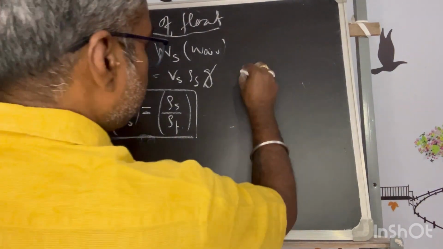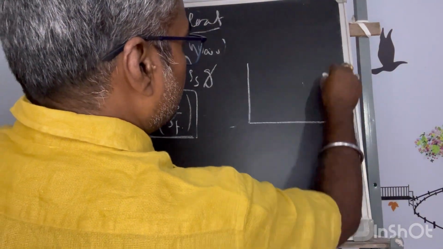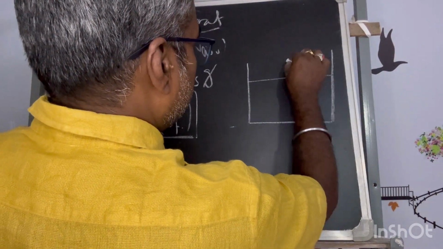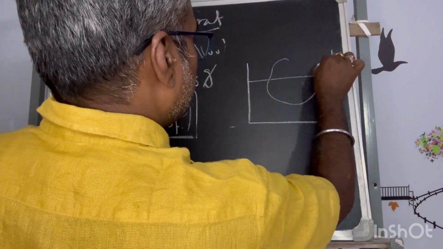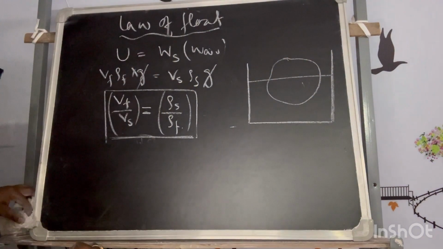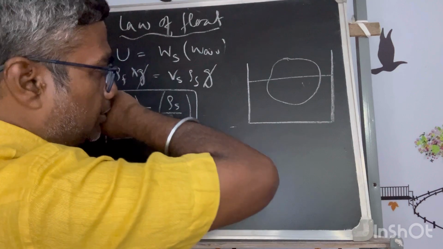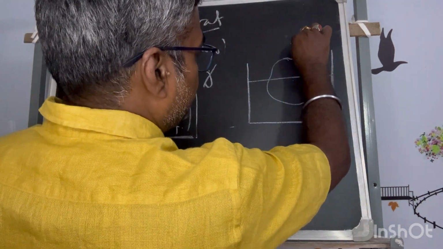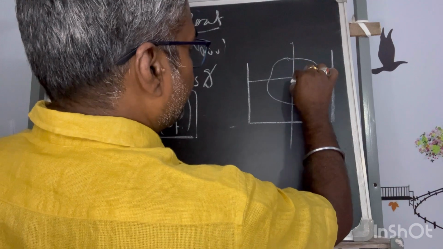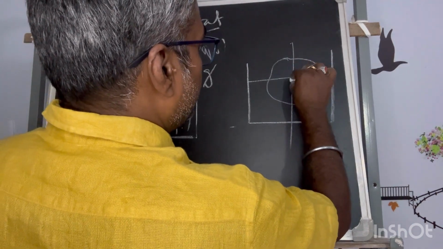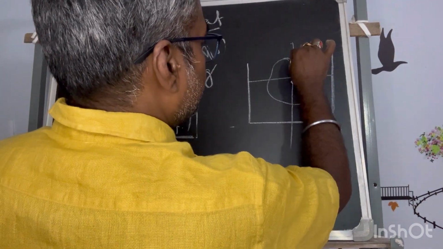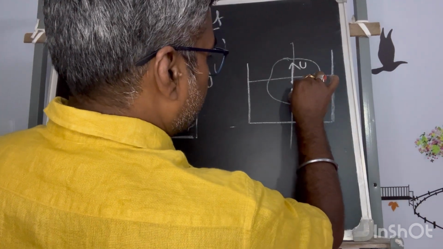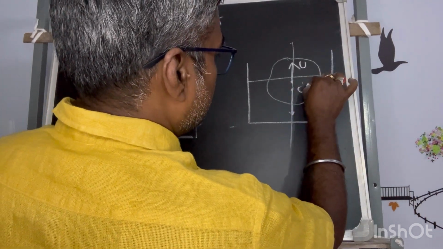But one thing, if I want to disturb the equilibrium in case it is floating, there could be three possibilities. The buoyant force is acting at a point, this is the upthrust, and the center of gravity acts at this point CG.